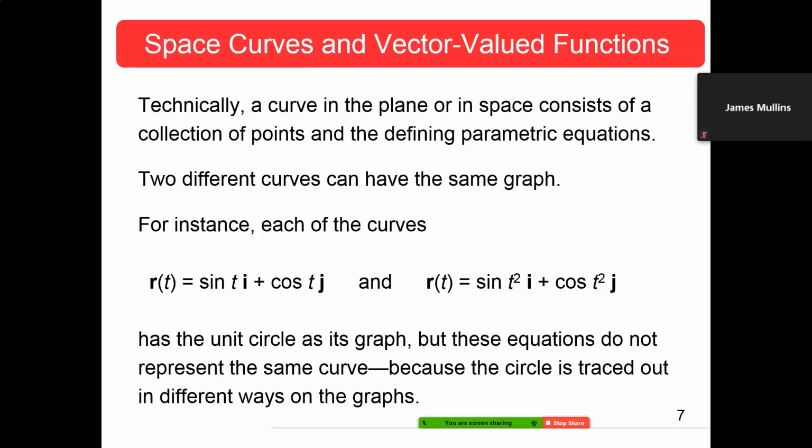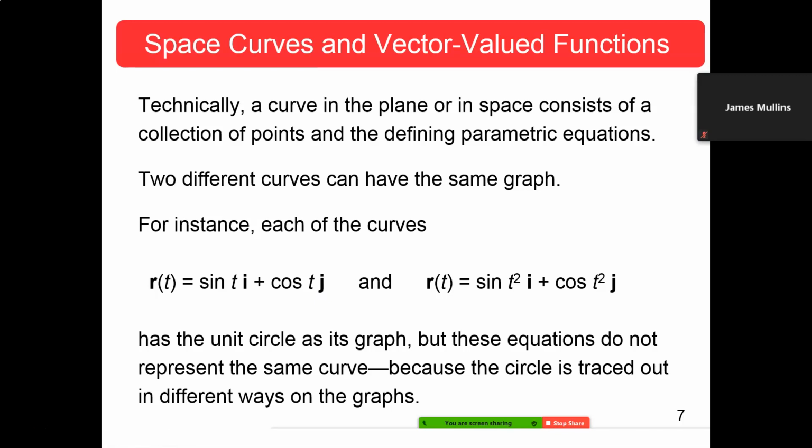Now, 2 different curves can have the same graph. So here's some examples of that. r of t could be sine of t i plus cosine of t j. That's going to be basically a circle of radius 1, the unit circle.